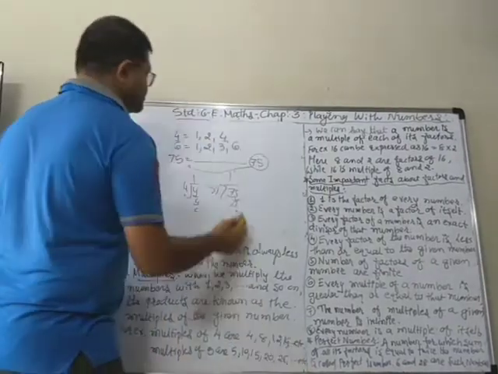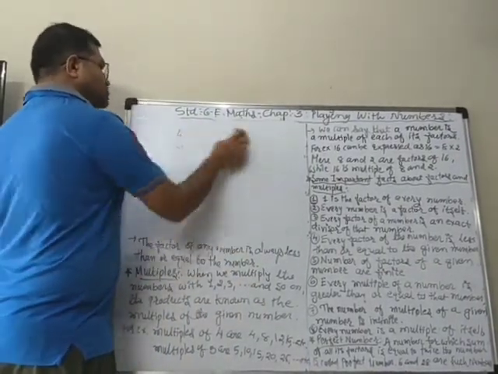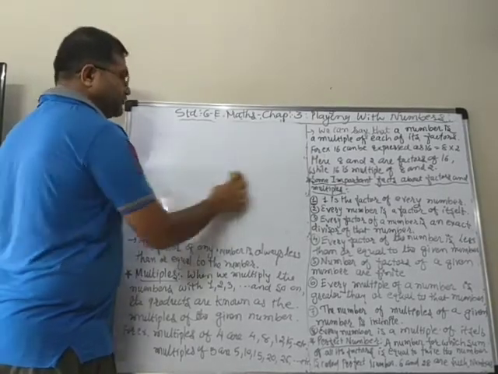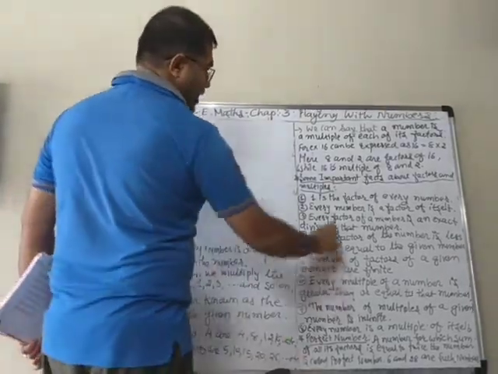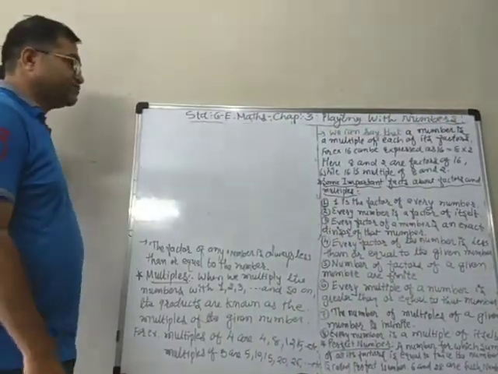It means that a number is an exact divisor of itself, and therefore we can say that every number is a factor of itself.